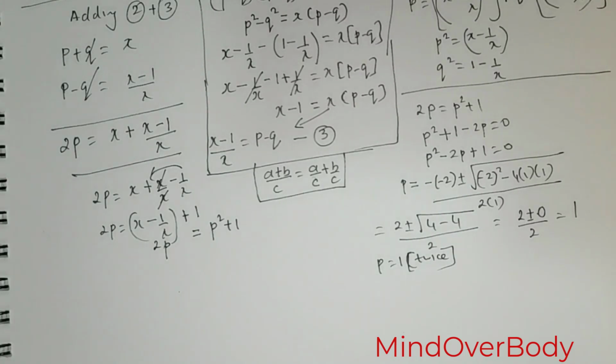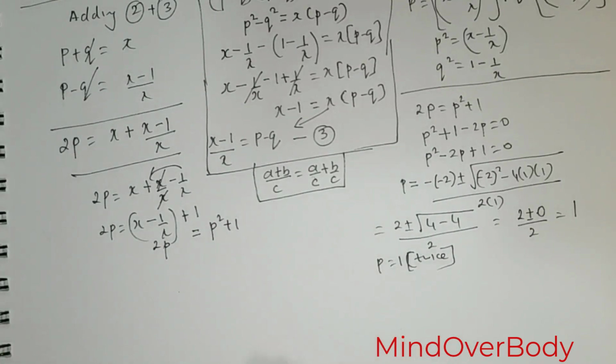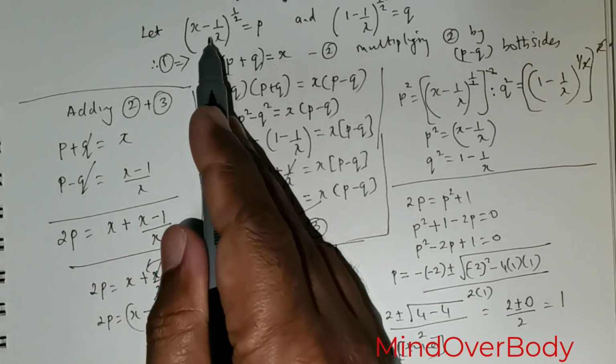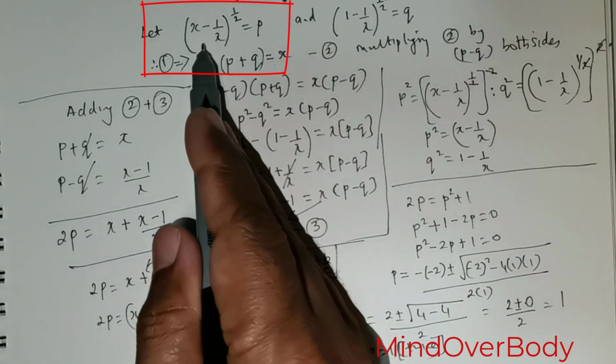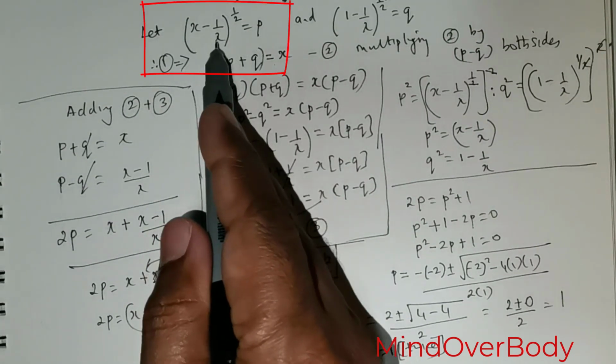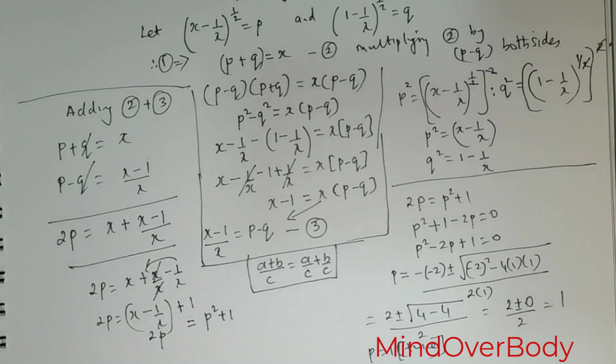Now using p = 1, we will have to extract the value for x. If you remember, we have assigned (x − 1/x)^(1/2) to be equal to p.